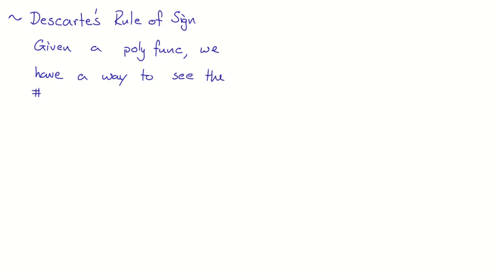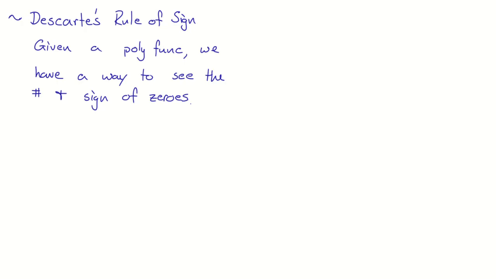The number and I'm going to say sign of zeros. Okay, so that statement, nothing's too crazy there, I don't think. If I give you a function, we're about to see that there's a way to see that if I have 4 roots, maybe 2 of them are positive and 2 of them are negative. Or maybe 3 of them are positive and 1 of them is negative. Like that would be useful information for me to break down and make my search more efficient.